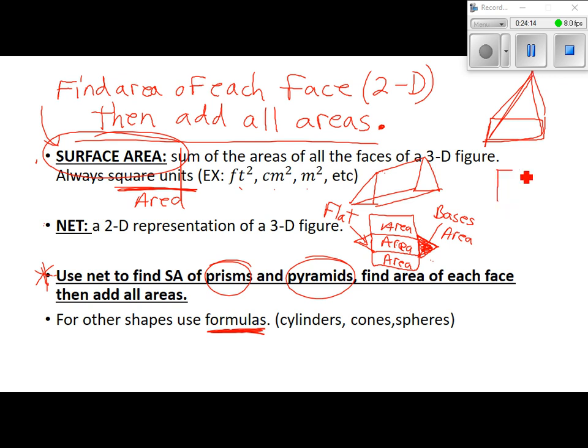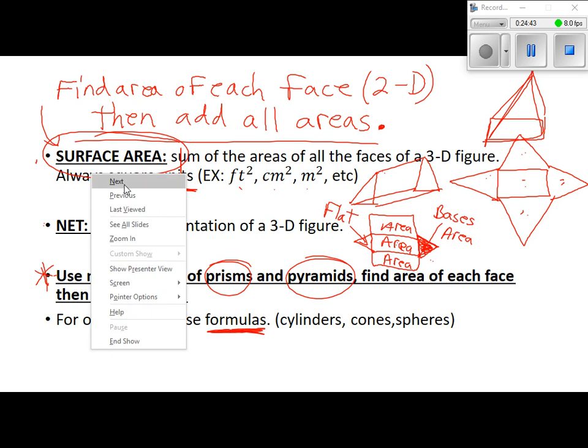I want to find the area of the base, which is a rectangle. Then it's got a triangle here, triangle there, triangle here, triangle here. That's what the net would look like, and I'd find the area of all those triangles and that rectangle and add them all up. Look back at your other notes to make sure you remember the formulas for the area of a triangle, rectangle, circle, all the shapes we've dealt with already.